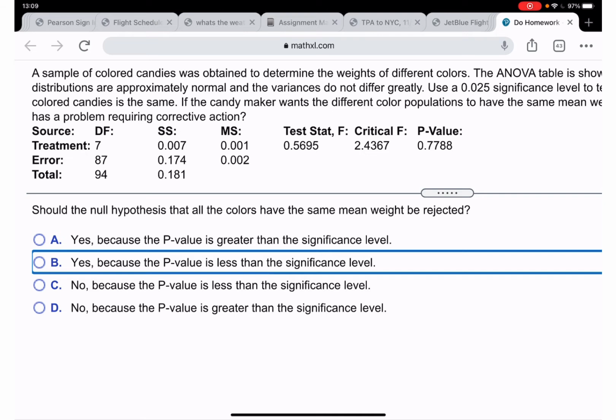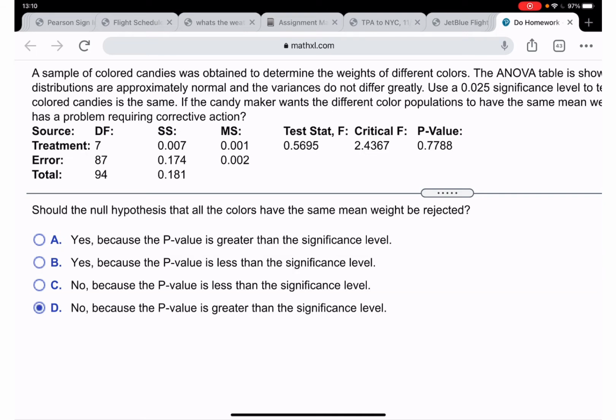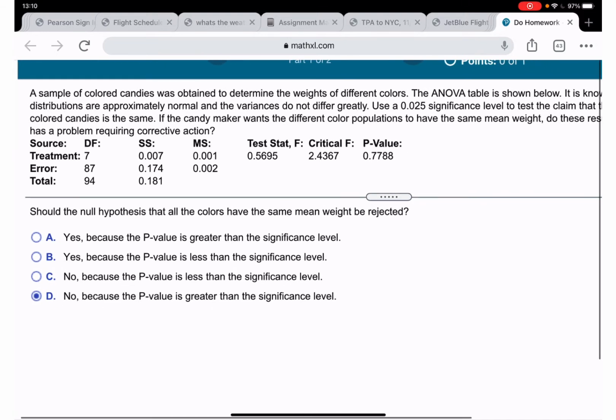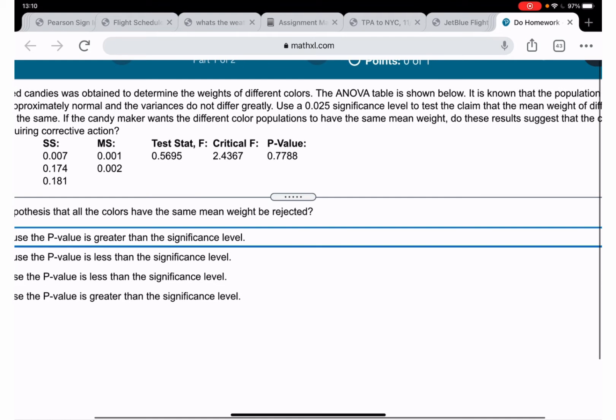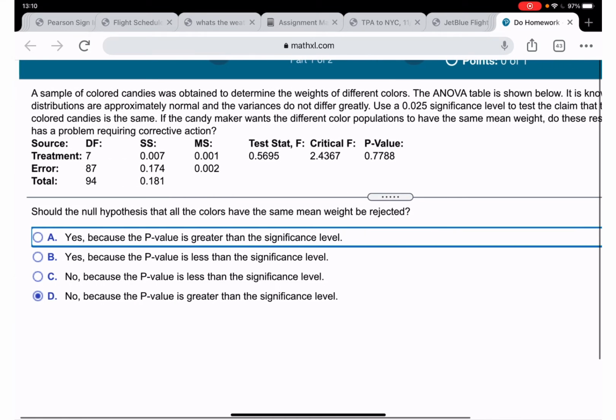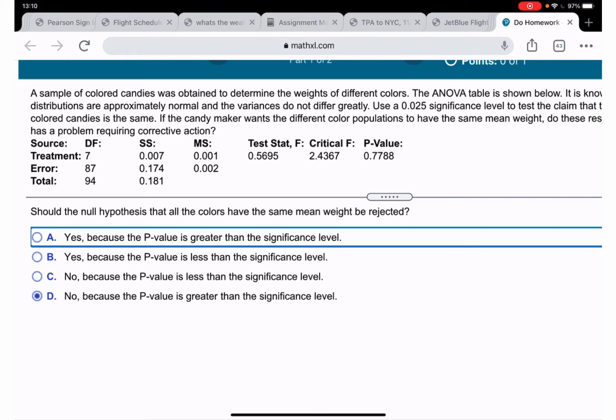significance level, right? Okay. So one more time the question. If the candy maker wants the different color population to have the same mean, do these results suggest that company has problem requiring corrective actions? Okay, null hypothesis is the claim. We fail to reject. That means we accept it. That means there is no problem requiring corrective actions.